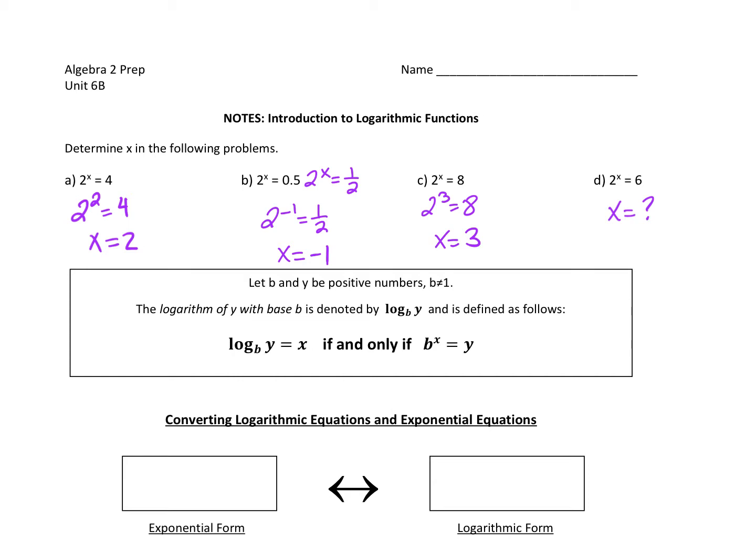So if we let b and y be positive numbers and b cannot equal 1, then we can convert an exponential formula into a logarithm.